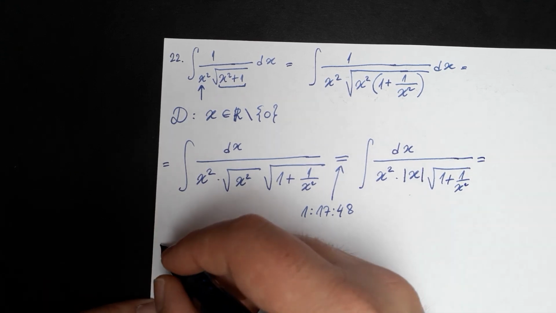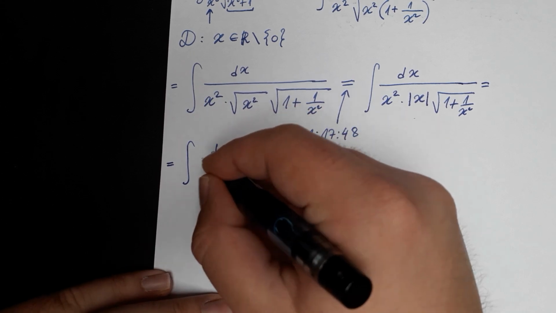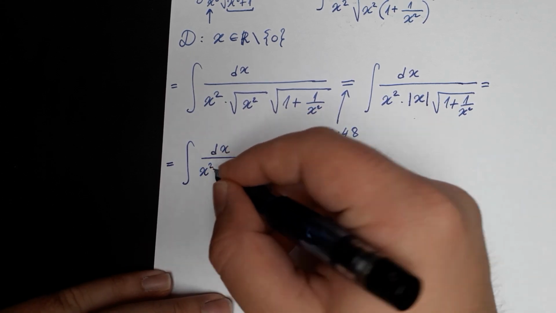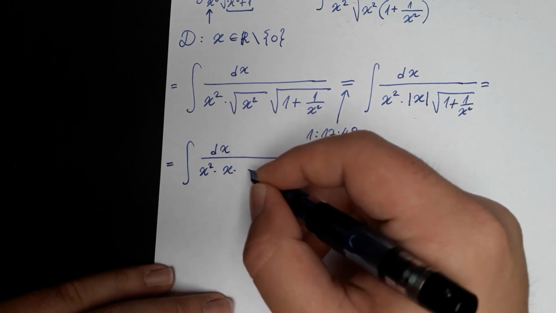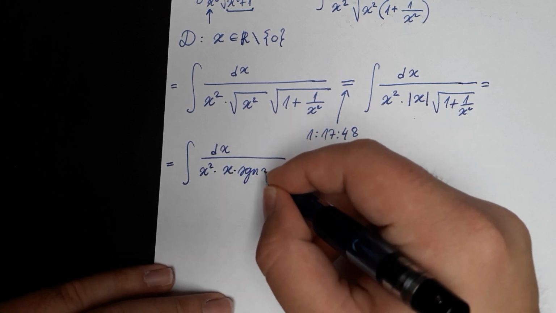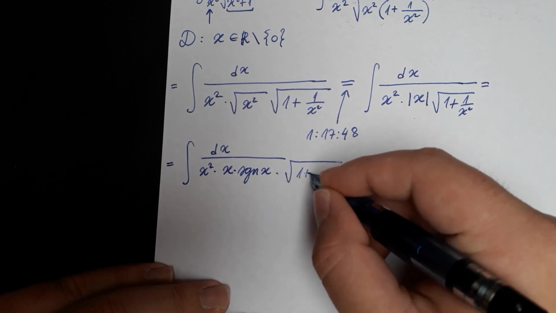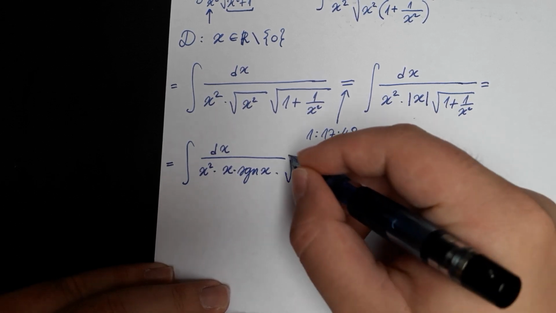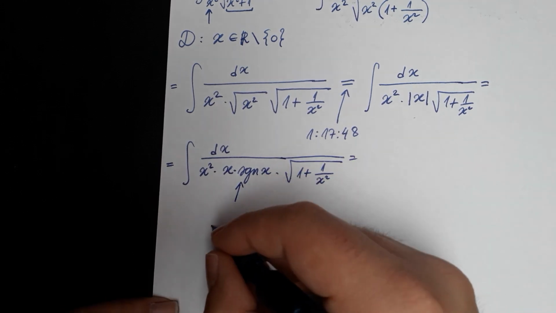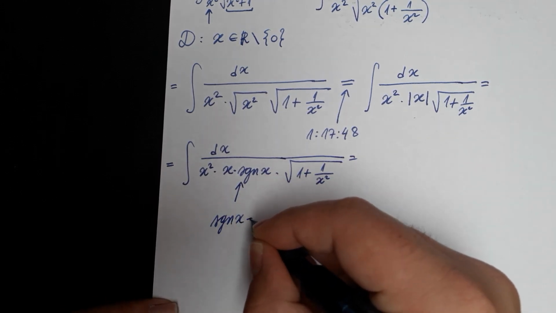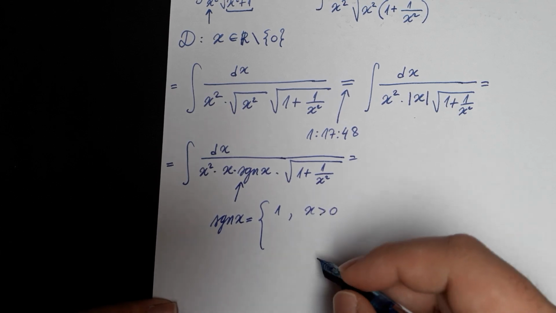Now this integral of dx divided by x squared times the absolute value of x is equal to x times the signum function of x times the square root of 1 plus 1 divided by x squared. Now just a little explanation. The signum function of x is equal to 1 when x is larger than 0.